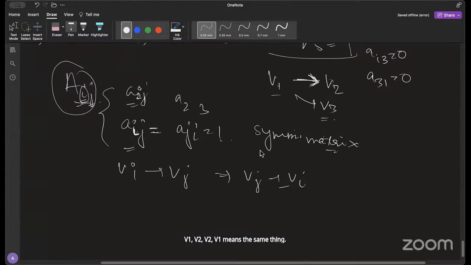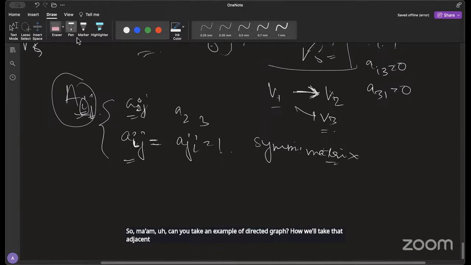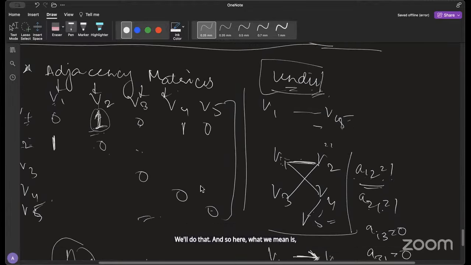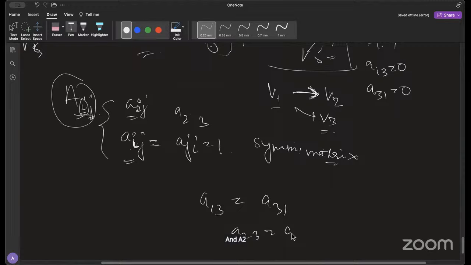So, ma'am, can you take an example of a directed graph? How will we take the adjacency matrix on the directed graph? And so here what we mean is A13 and A31 are the same, and A23 and A32 are also the same. When I write 1, I mean either they're both 1 or they're both 0.